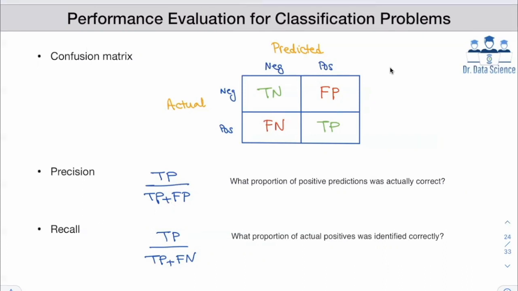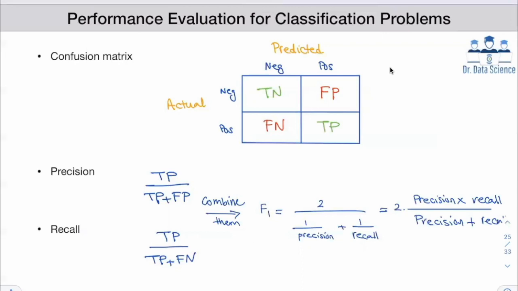Because now we have these two metrics, there is a way to combine them together, and that's known as the F1 score. That's basically the harmonic mean between precision and recall. If you're familiar with the harmonic mean, it's 1 over precision plus 1 over recall.